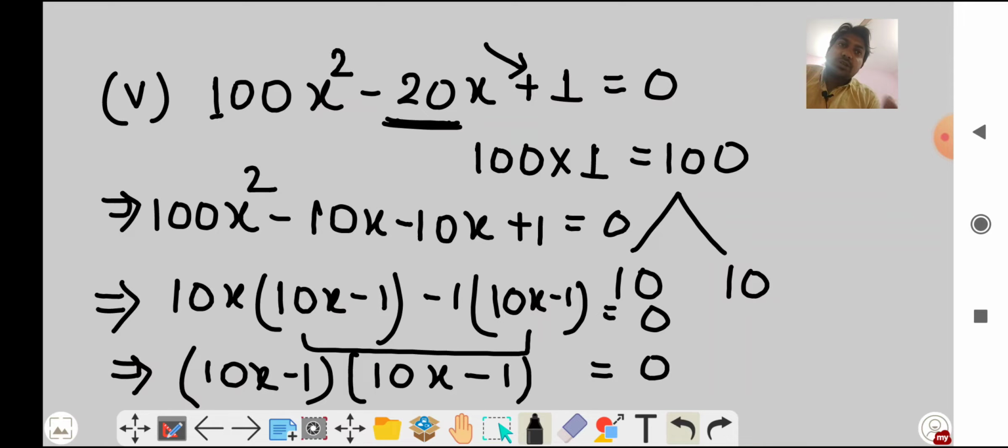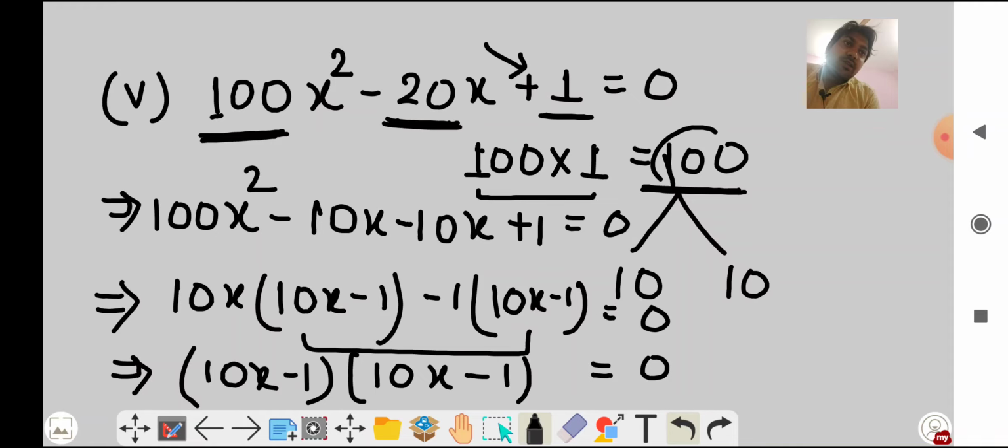So in factorization, what we have to do? You have to check the coefficient of x square, then take the constant term and multiply it, right? So 100 multiplied by 1 gives 100, right? After that, we take the factors of 100 such that here is the addition sign.